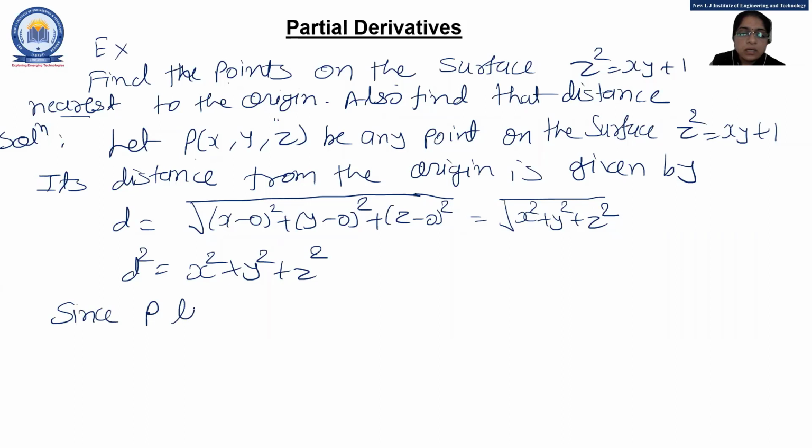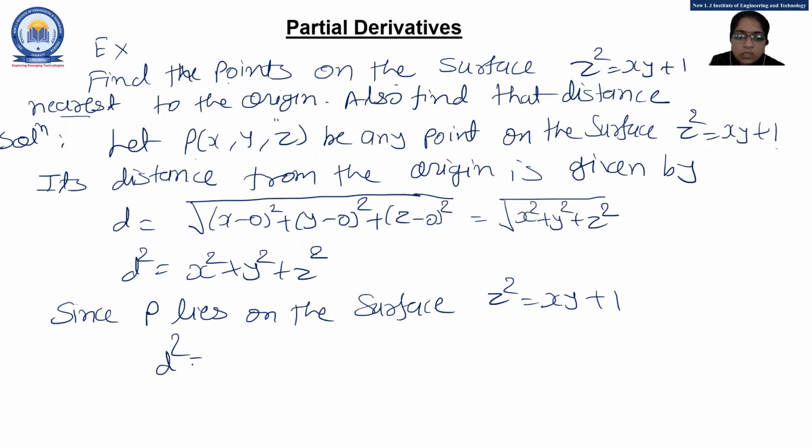Since P lies on the surface z square is equal to xy plus 1, it is given, right? So P is any point on the surface z square is equal to xy plus 1. So in d square is equal to x square plus y square plus z square, we substitute z square as xy plus 1.